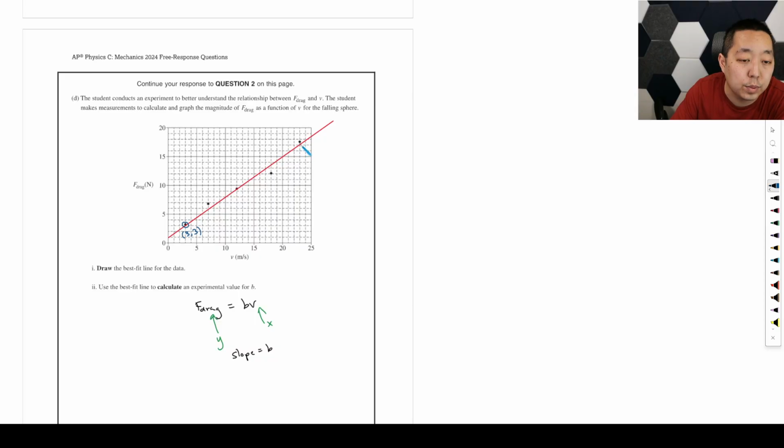Then we'll pick this point right here, which is 23 comma 17. So the slope is 17 minus 3 over 23 minus 3. Using the calculator, that's 14 divided by 20, which is 0.7. And what are the units? They give you newtons and meters per second, so newtons over meters per second.